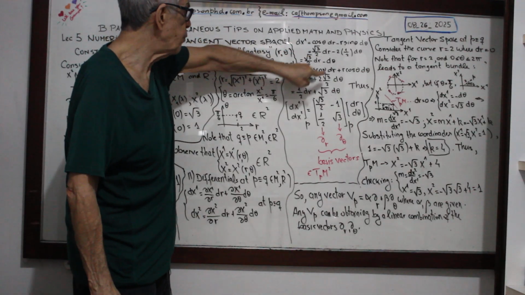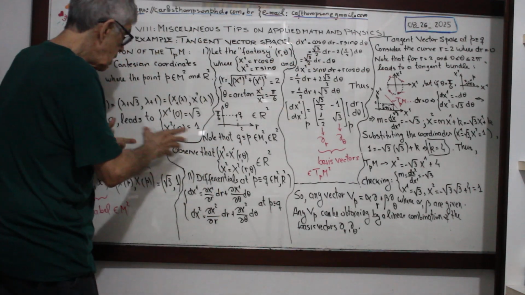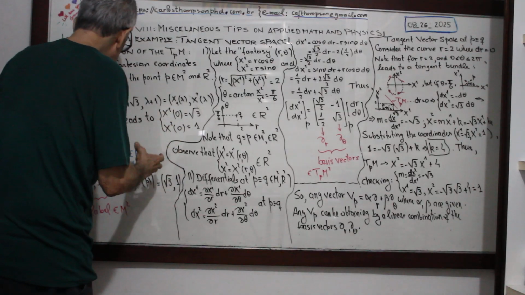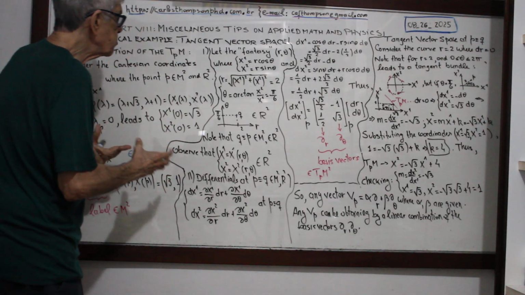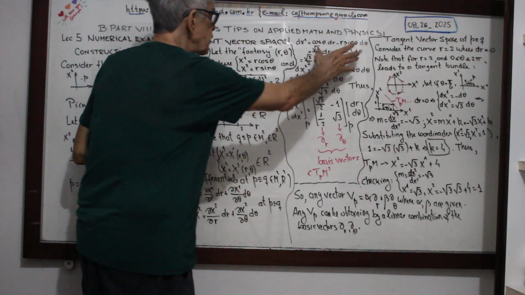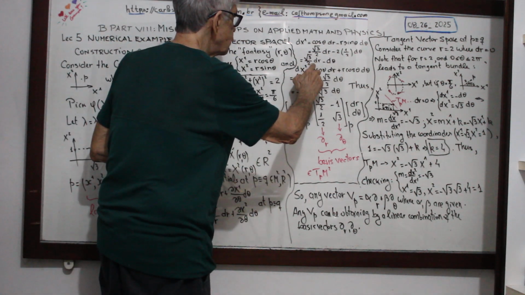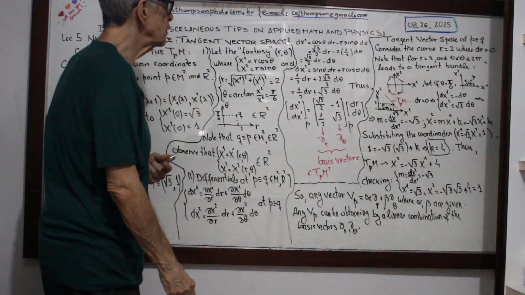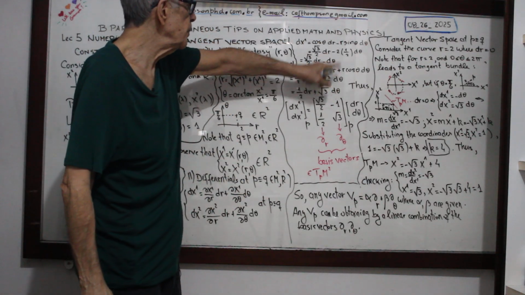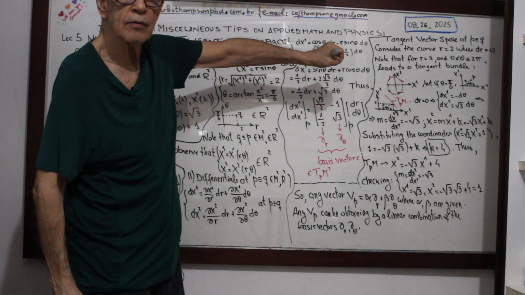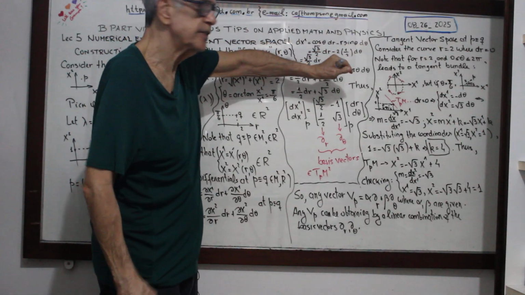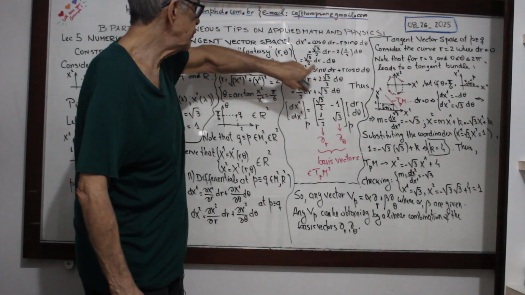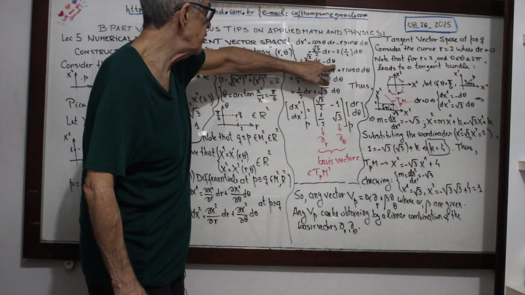If I substitute point P, which I already have, I will get square root of 3 divided by 2 dr minus d theta, because r here is 2 and theta is pi over 6. So sine of pi over 6 is 1/2. So then I will get dr and d theta.